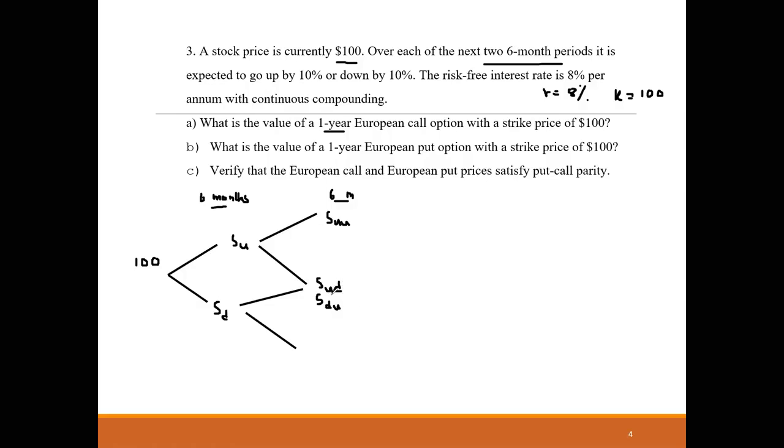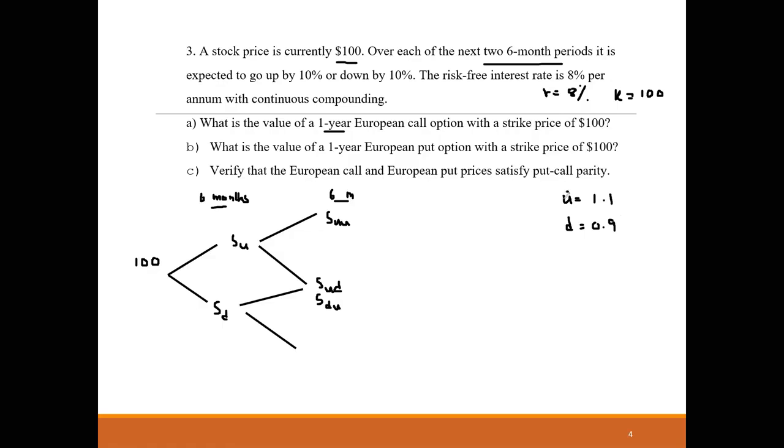So if you have 100, now here your U is how much? The value of U would be 1.1, and D would be 0.9.